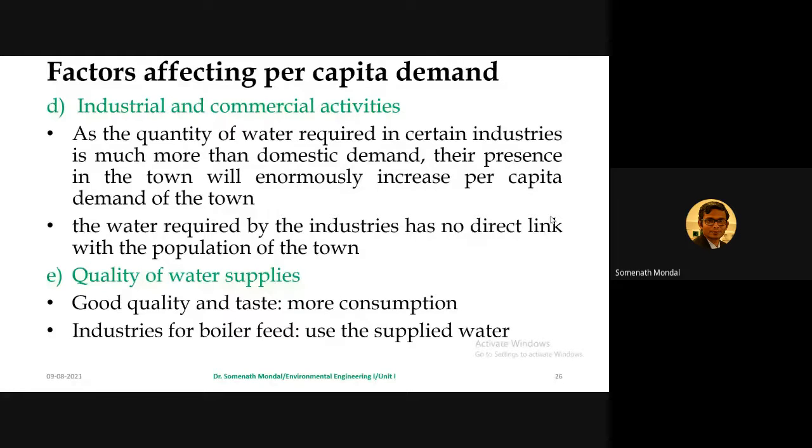If the quality and taste of the supplied water is good, more water will be consumed, because in that case people will not use other sources such as private wells, hand pumps, etc. Similarly, certain industries, such as those needing boiler feeds, which require standard quality of water, will not develop their own sources but will use the supplied water for that purpose, and that is the reason why the overall demand increases if the quality of water is good.